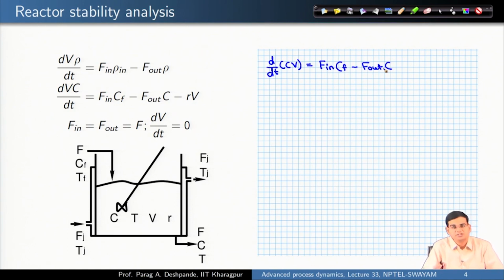So, the concentration of A in the outlet stream would be simply C, minus R times V. Okay. So, R is the rate of reaction which would be expressed per unit volume. So, when you multiply it with volume, you will get the time rate of change of the concentration of A in the reactor because of the reaction.